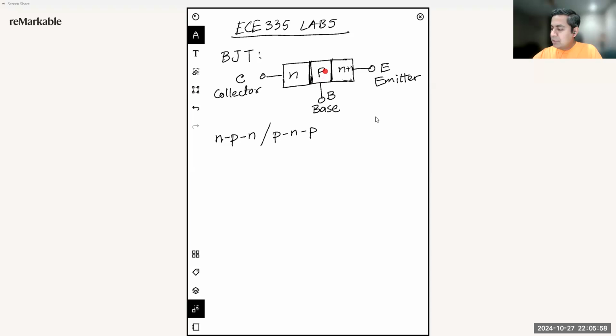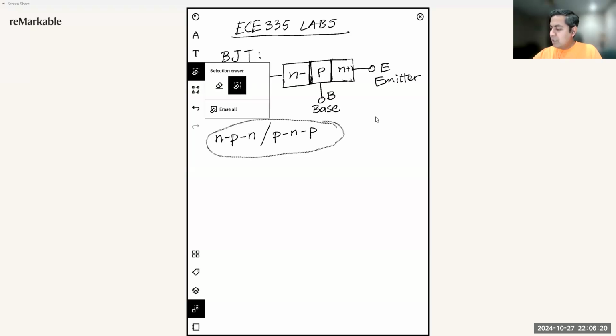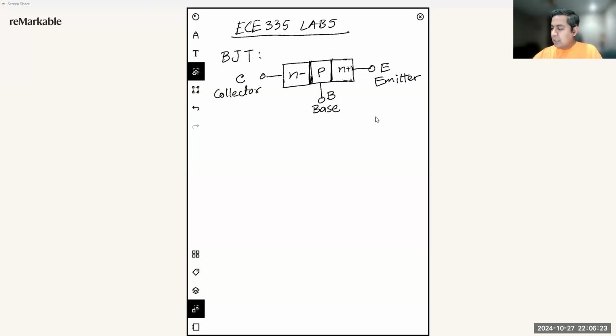The base is usually lightly doped so that the transport can happen easily for the carriers. And then the collector is usually N or N minus, just to denote that it's the mostly lightly doped area.